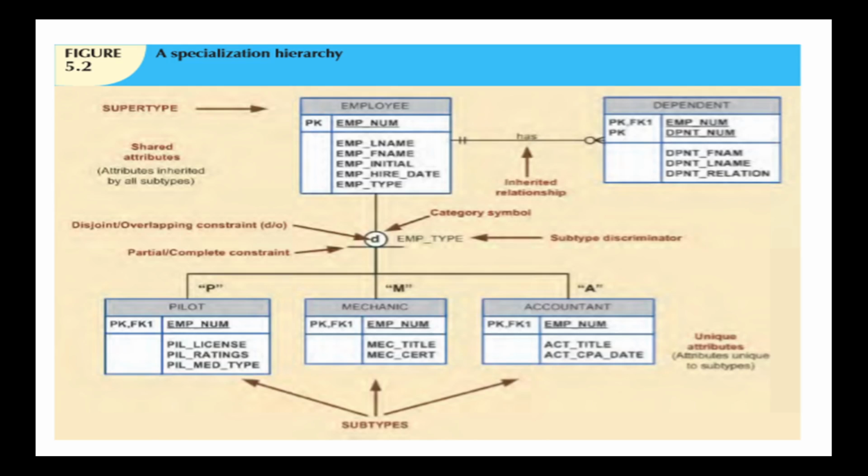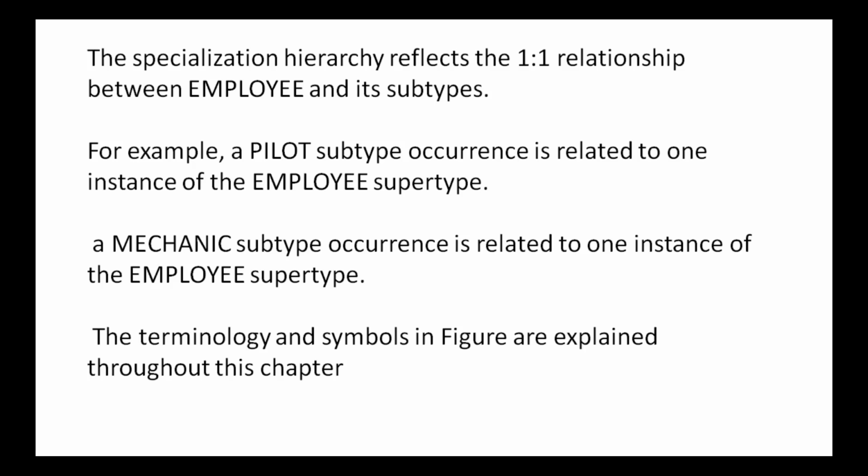In the previous slide, we observed some points. The specialization hierarchy reflects a one-to-one relationship between the employee and its subtypes. That means a pilot subtype occurrence is related to one instance of the employee supertype. In employee, each employee entity instance relates with only one subtype entity occurrence.